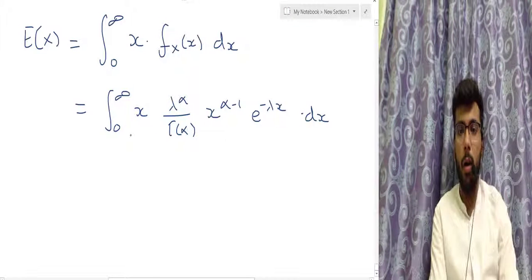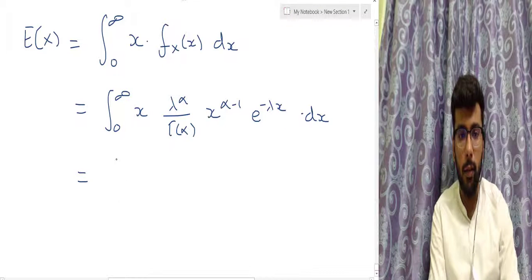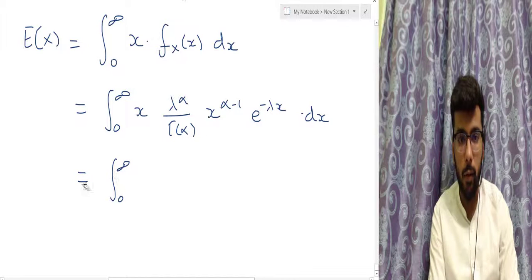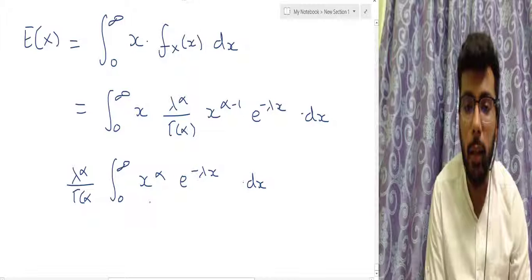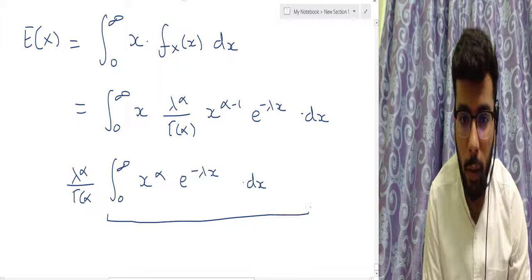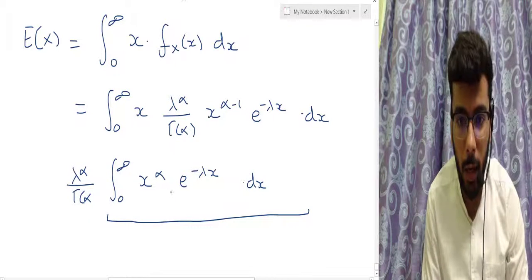Now let's take this lambda to the power of alpha upon gamma alpha outside. Inside you just have x to the power of alpha and e to the power of minus lambda x dx.